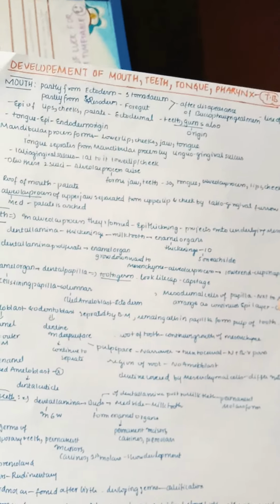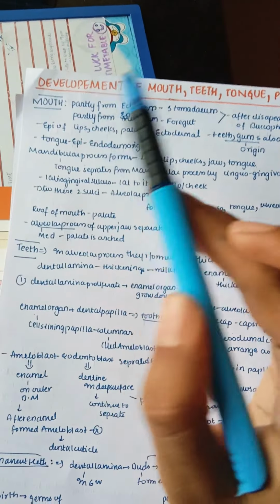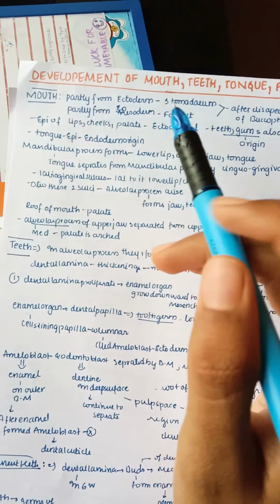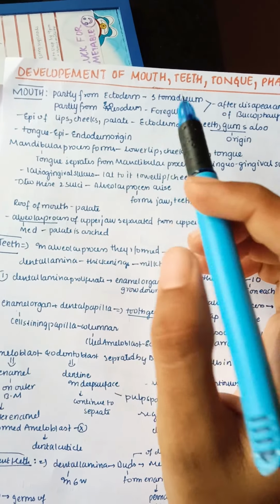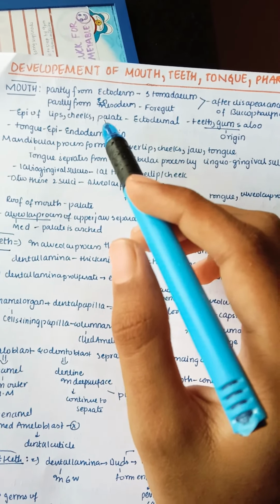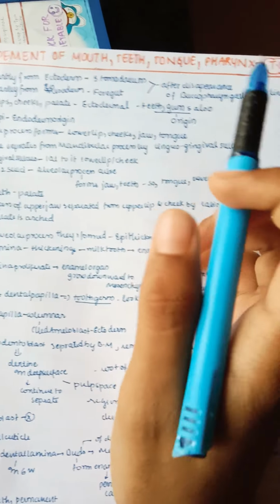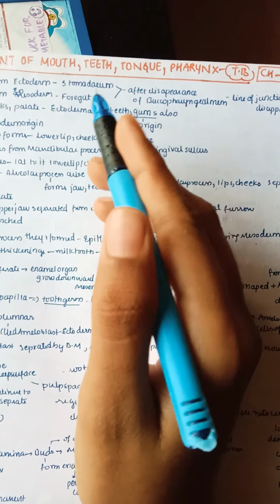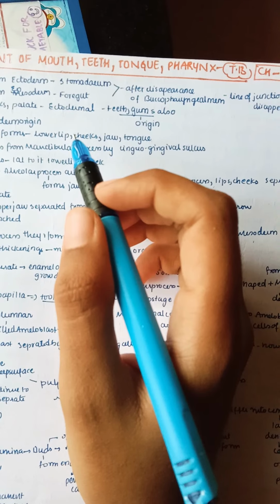You can see the mouth is partly formed from ectoderm and partly from endoderm, as we saw in the picture. The ectodermal part is given by the stomatodeum, and the endodermal part is given by the foregut. These both are separated until the disappearance of the buccopharyngeal membrane.